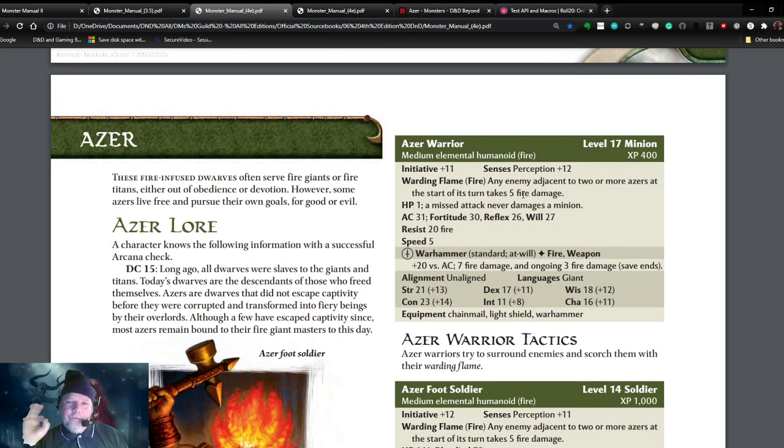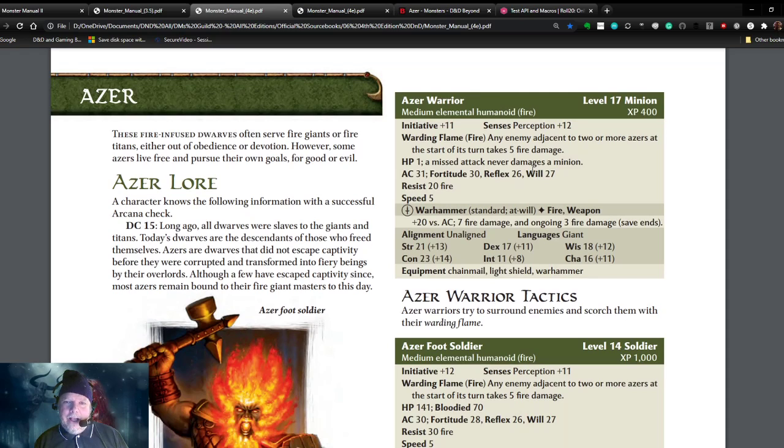So there's an Azer warrior, which is a level 17 minion. Now notice 1 hit point. Every minion of any level in 4th edition always has 1 hit point. But they have pretty good defenses: an armor class of 31, fortitude 30, reflex 26, will 27, and they resist 20 fire.